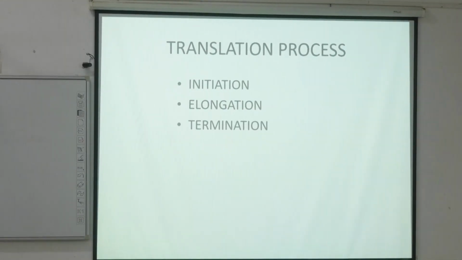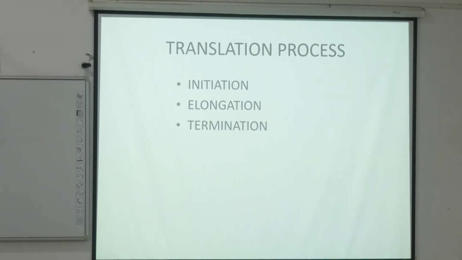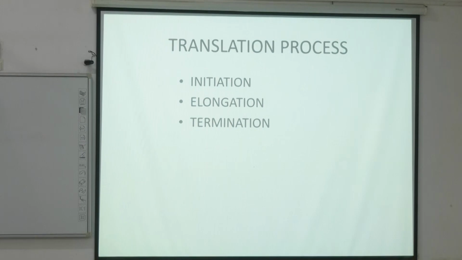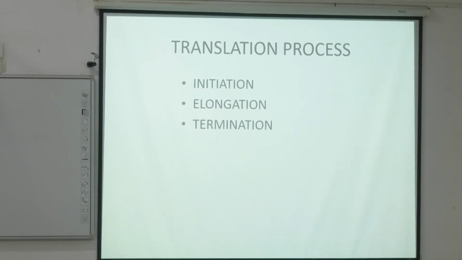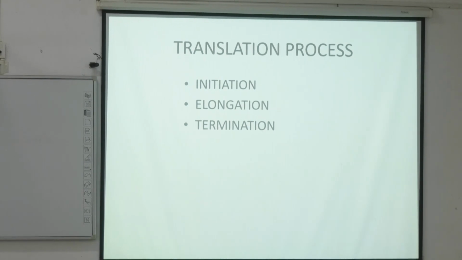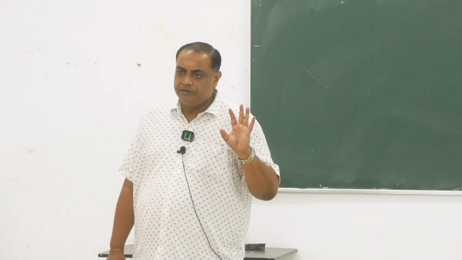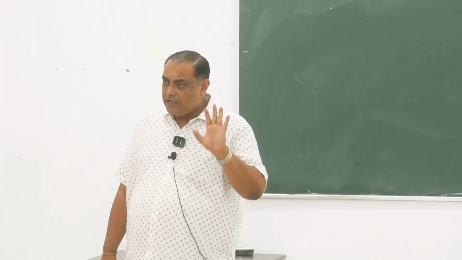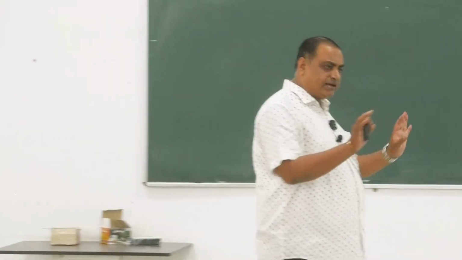Now the translation process. Here I would suggest there are 3 diagrams: initiation, elongation and termination. Very easy diagrams. The best book according to me is Harper's, which has given the diagram. Rest all books have copied the same diagram, because that was the original diagram presented in the publication by the discoverer to explain the matter.